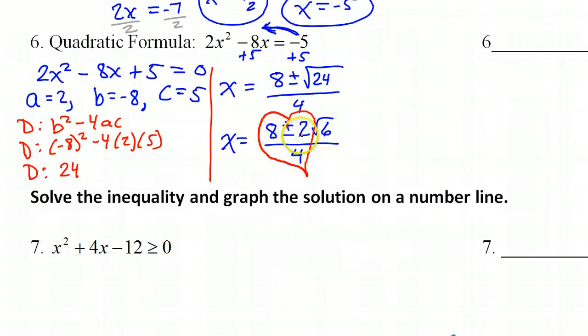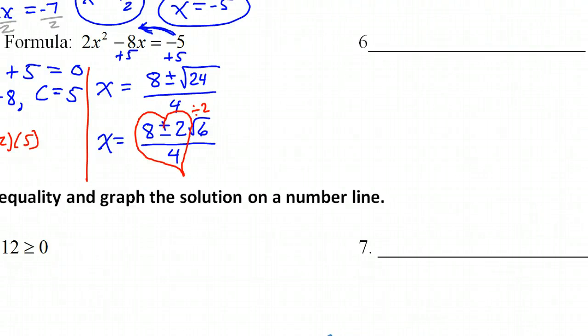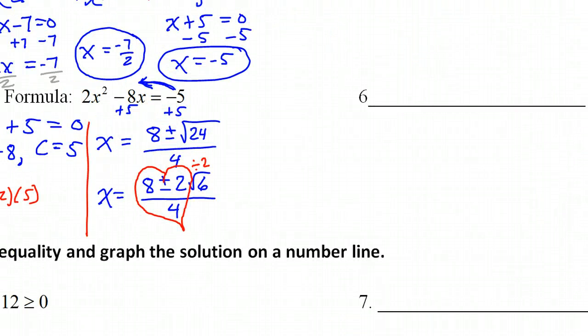The radical 6 has nothing to do with it, and it's all or nothing. If there's a common number that you can divide all three of these by, do it. If it's just 2 of them and not the third, forget it. All of these are divisible by 2, so we must do that. So we'll divide the heart by 2. I like the heart thing. And once we do that, that should be the final answer. So I'm going to move into position over here to put my final answer down.